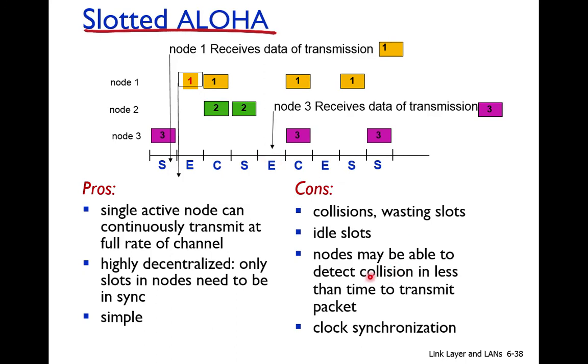Nodes may be able to detect collision in less than the time to transmit the packet, because when node 1 and node 2 start transmission at the beginning of a slot, we can detect the packet collision early. Another disadvantage is that since timing is used, clock synchronization is needed: the clocks of node 1, node 2 and node 3 should be synchronized.